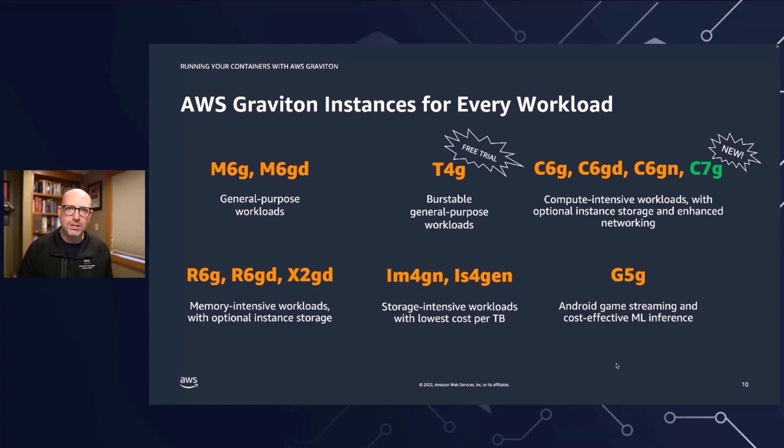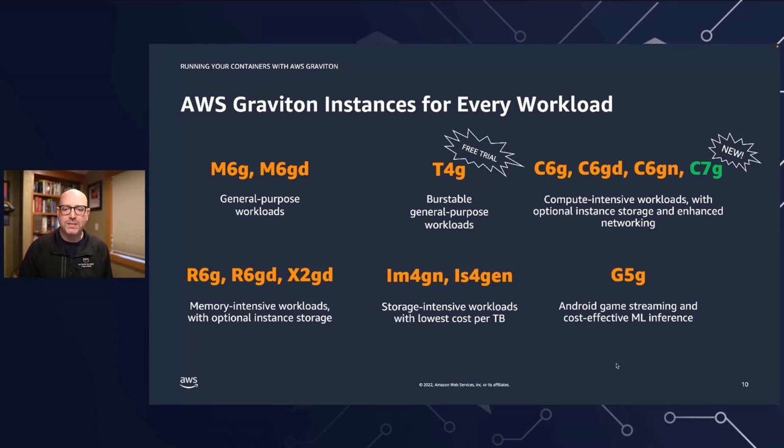Nitro SSD is our newest family of SSD technology with significant improvements in performance and much improved tail latency compared to earlier generations of our SSDs. With IM4GN and IS4GN, customers can have sustained improved performance with a very low latency variance.